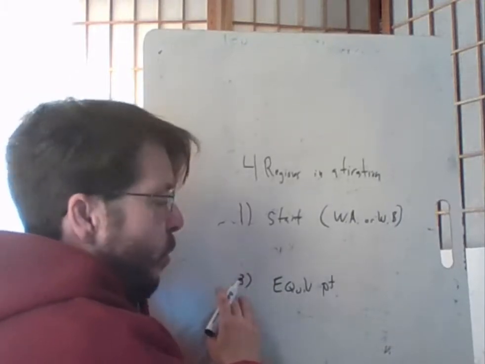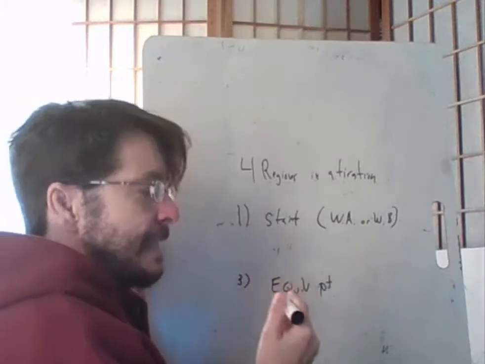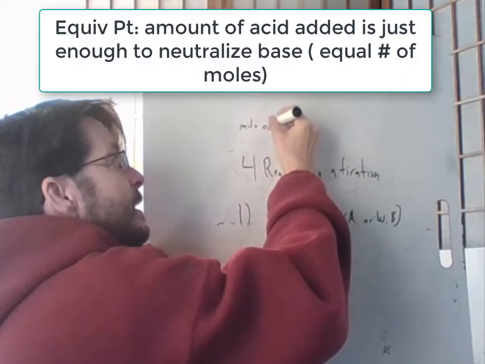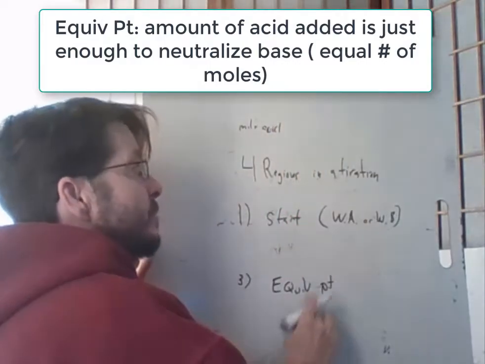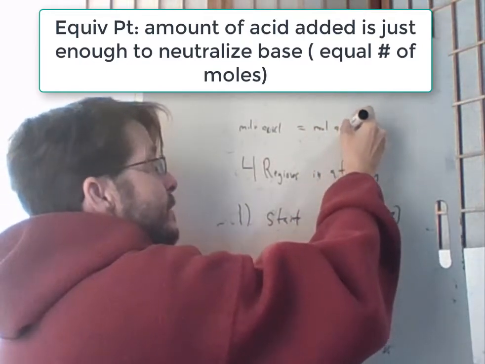The other major point in this is the equivalence point. We can use Chem 1 ideas. We know the moles of acid, and at the equivalence point, it will equal the moles of added base.